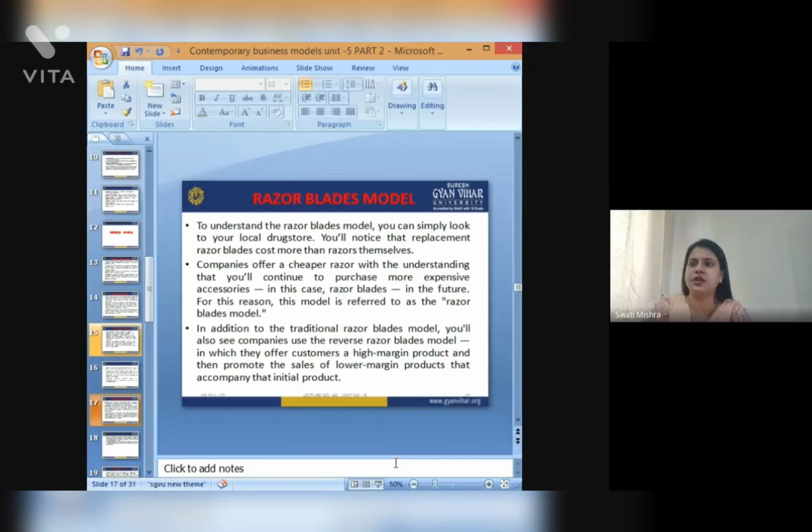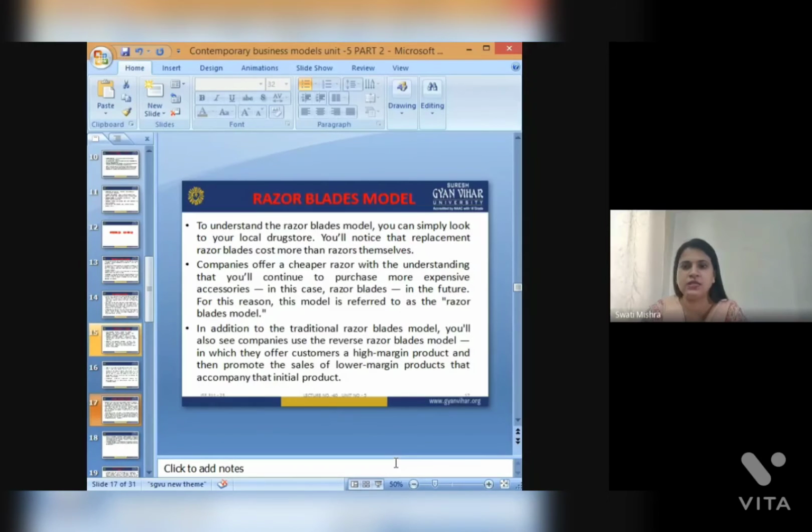Then of course there is the razor blades model. We had discussed this in the previous session also. I have come up with a very simple little example for this session so that you will quickly have a recap of what we studied.